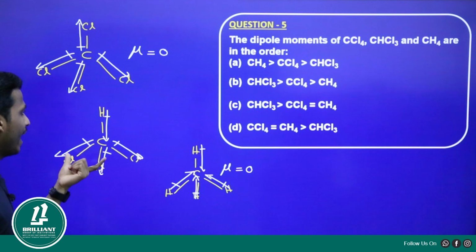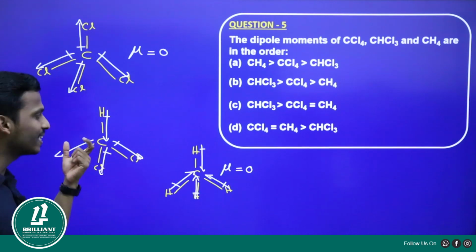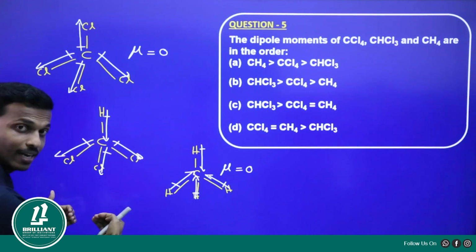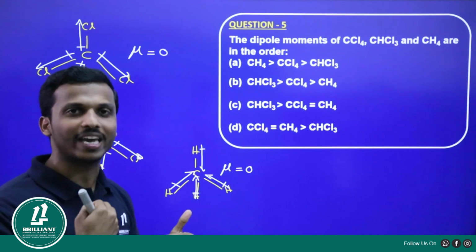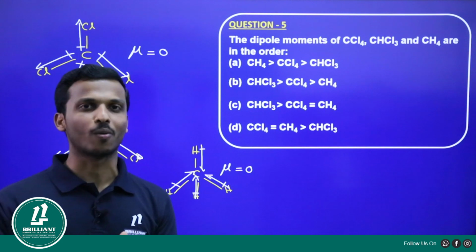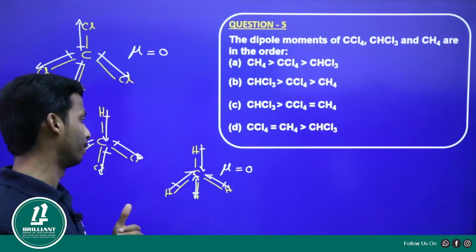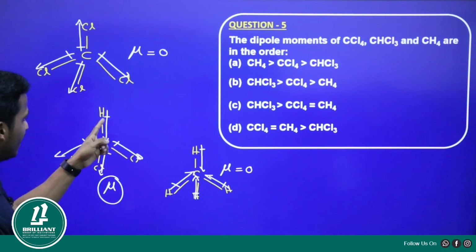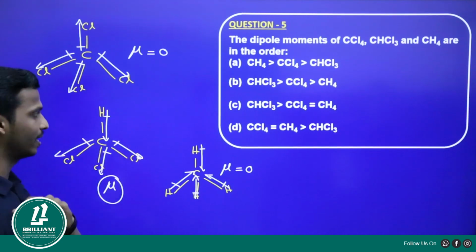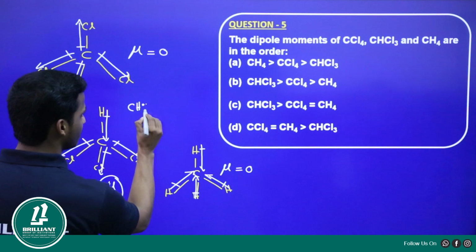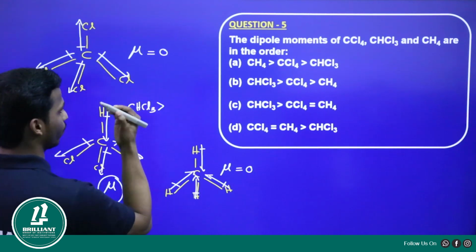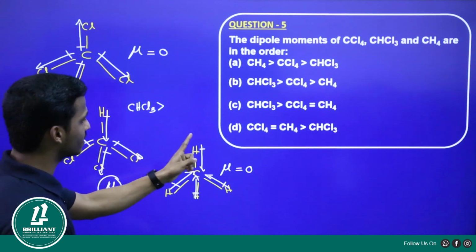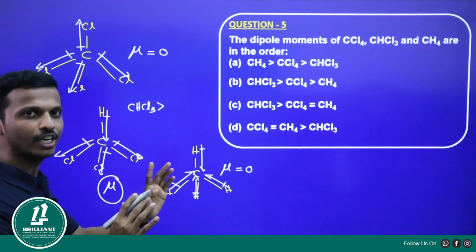What about CHCl3? In CHCl3, where is the resultant dipole moment? Downward, right? If there is a resultant, we can say that it has a dipole moment, therefore it is polar. So what should be the order? CHCl3 has the greater value, and then CCl4 and CH4 have mu equal to 0.